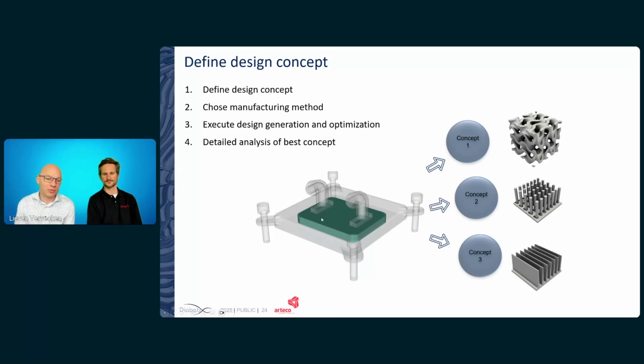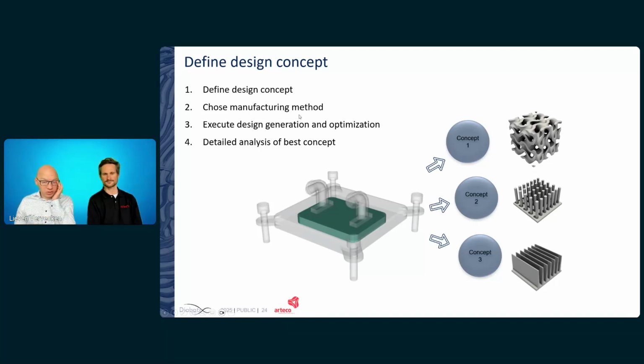and how that is linked to performance. To answer that question, we define the design concept, as mentioned in the previous slide, and those design concepts are filling the design region with a gyroid, with pins or with fins. We link it to a manufacturing method.